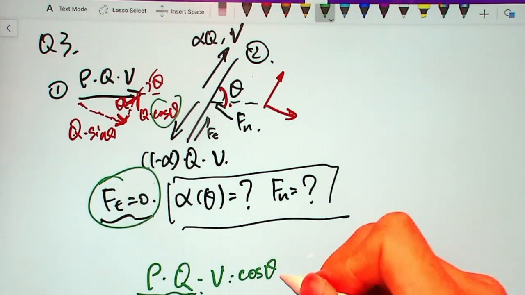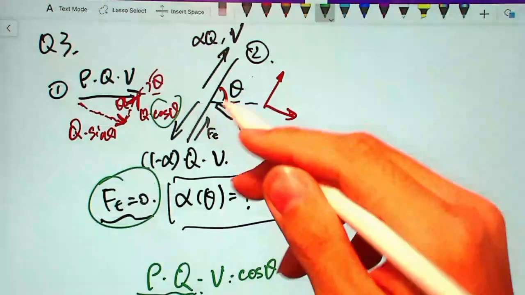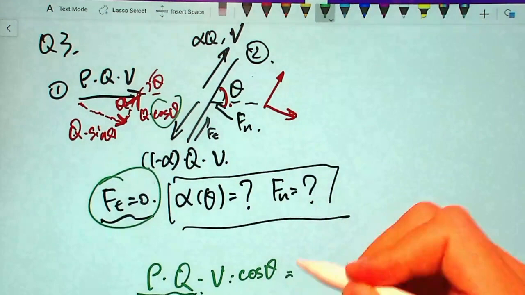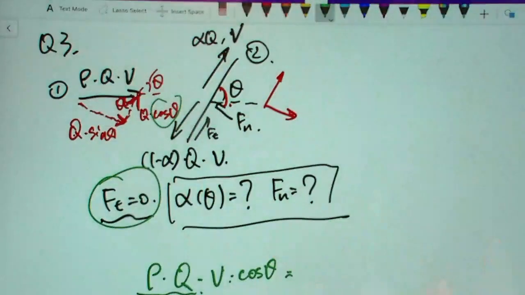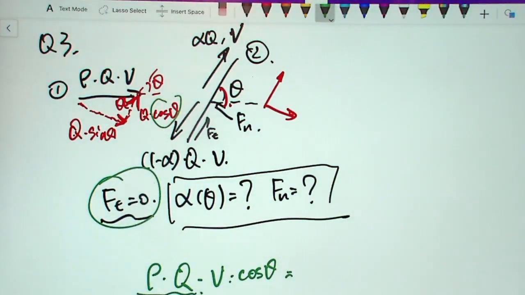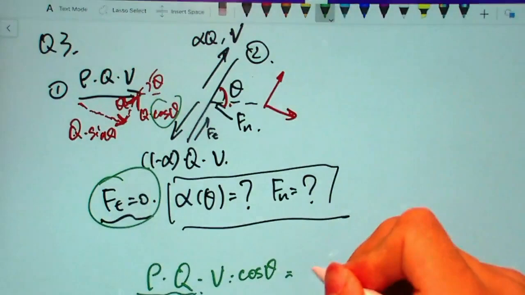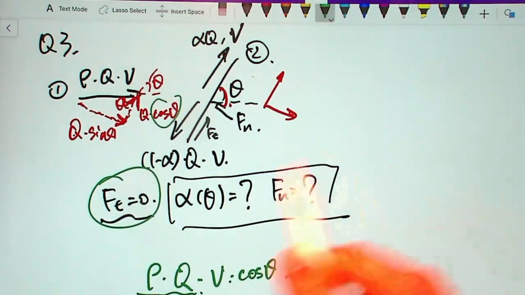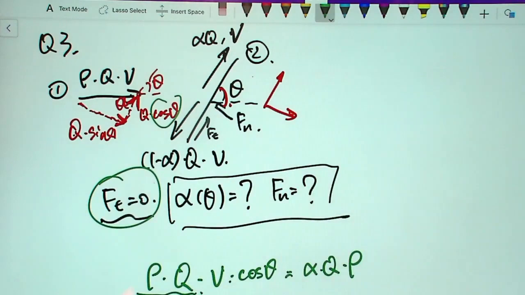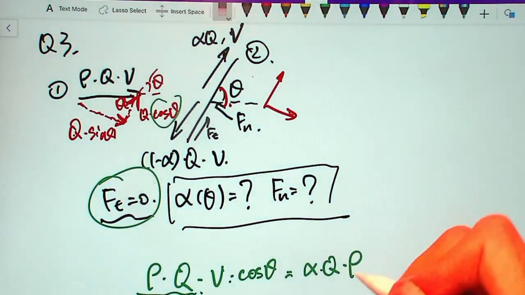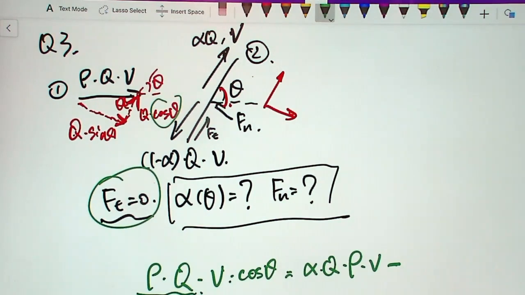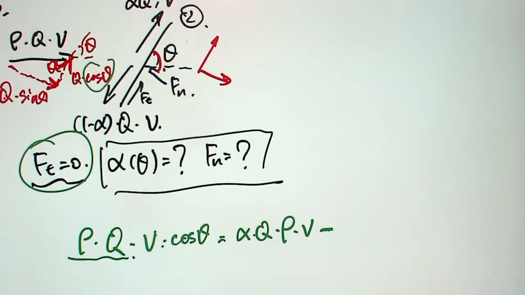And that should be the same as the end condition, which is we have alpha times q times rho. This is the going upward in section 2, and then times v, minus, so it's in the opposite direction for the going down part.